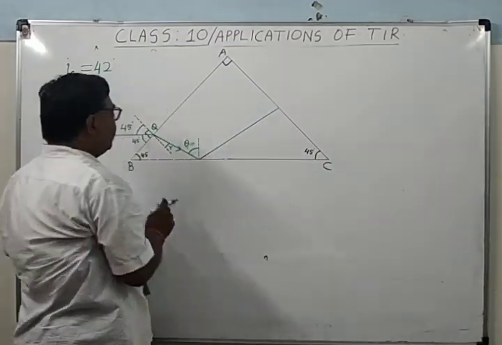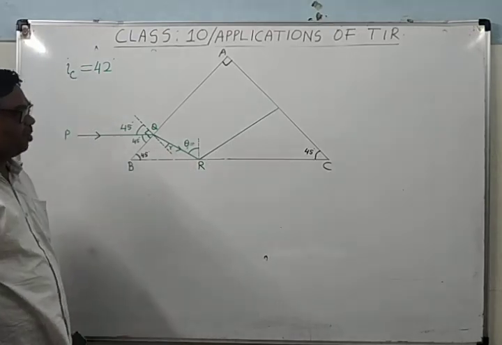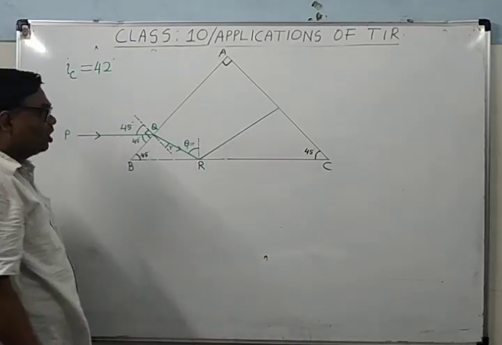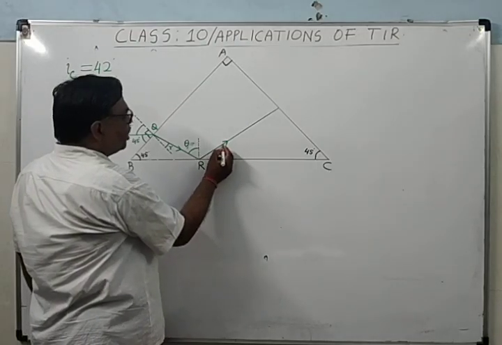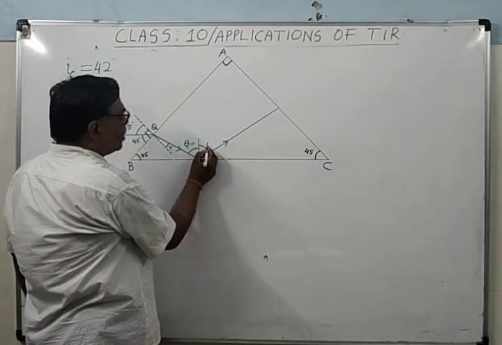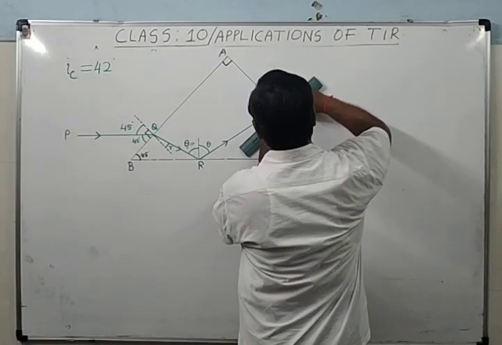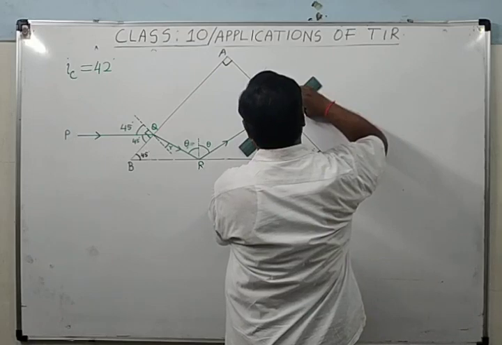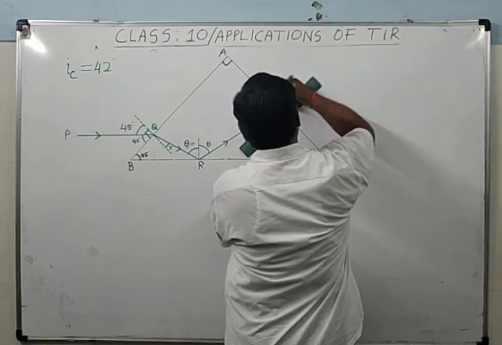Means at the point R, total internal reflection is taking place. At the point R, total internal reflection is taking place. Reflected ray going making what angle from the normal? Theta. It's clear?